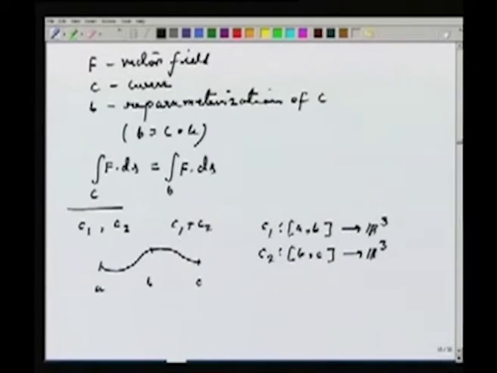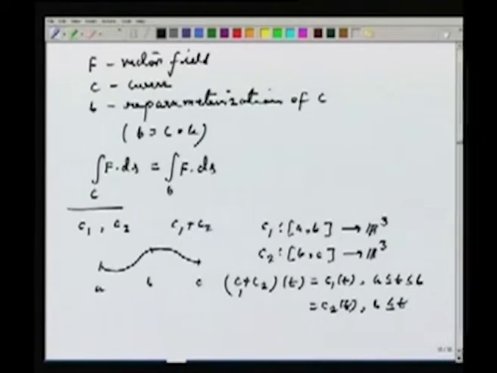Then from C1 and C2 I can talk about the curve C1 plus C2, which is defined as C1(t) if a is less than or equal to t is less than or equal to b, and C2(t) if b is less than or equal to t is less than or equal to c.